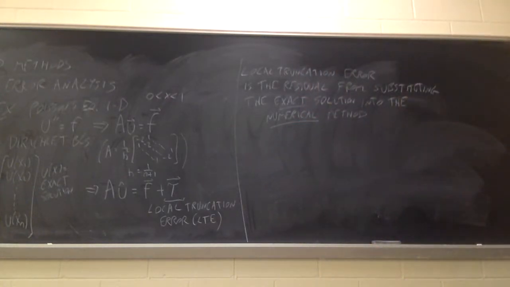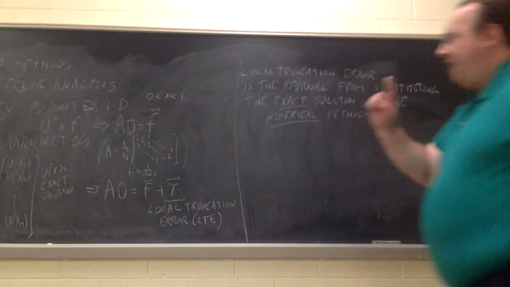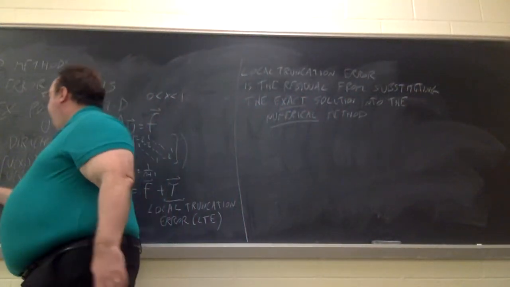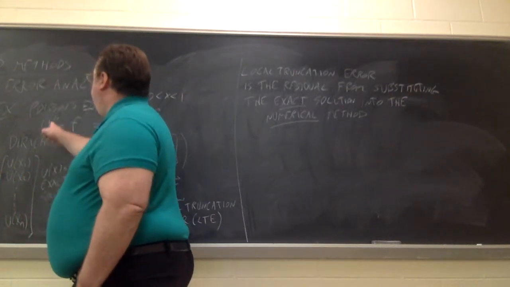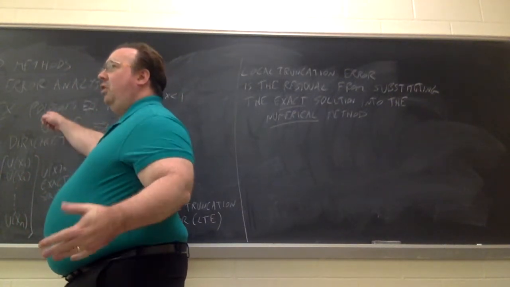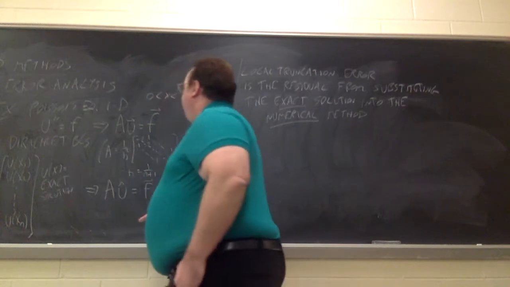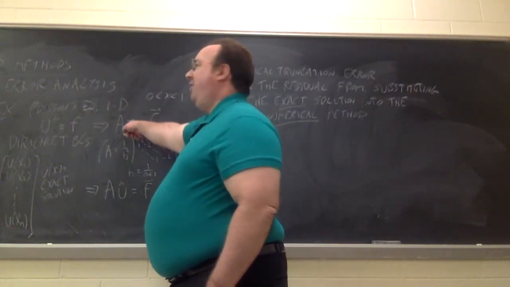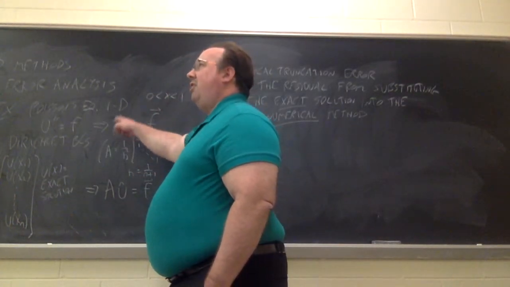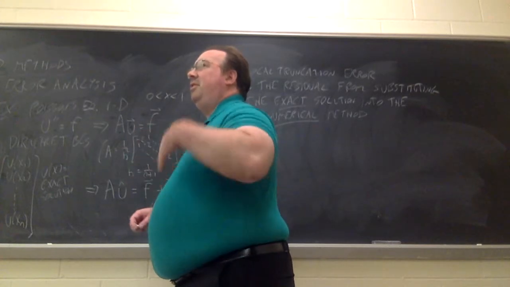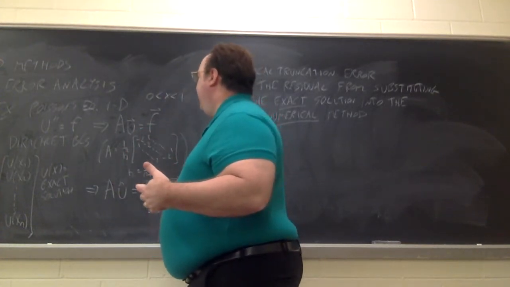That's always the way it works, because the exact solution satisfies the PDE exactly, but it will not satisfy the approximate equation exactly. There's going to be something left over, and that's what this tau is.